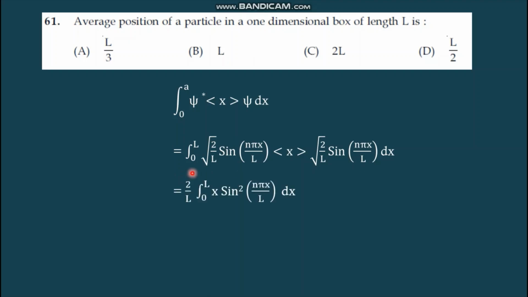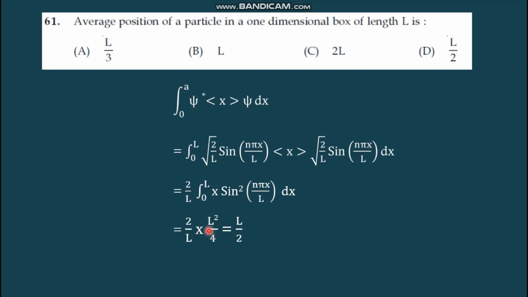We can take out root 2 by L because that is constant, then you will get 2 by L because there are two root 2 by L factors. On multiplying this you will get 2 by L, that you can take out. Then integral 0 to L x sin square n pi x by L dx, and this integral has a value of L square by 4.